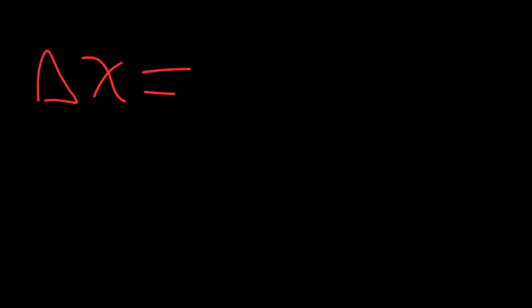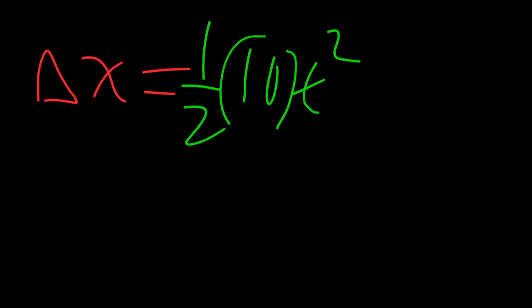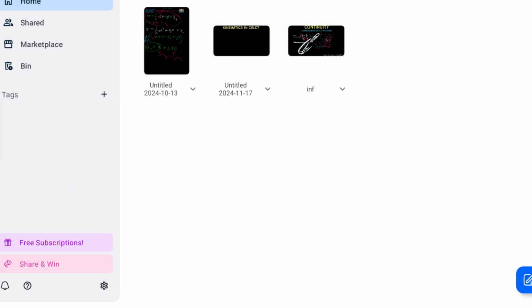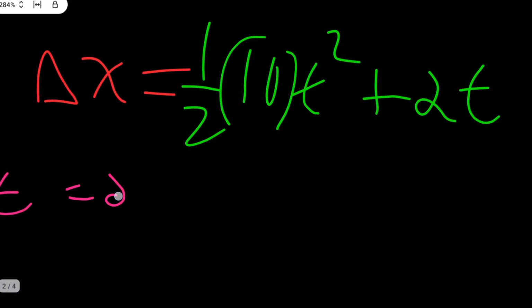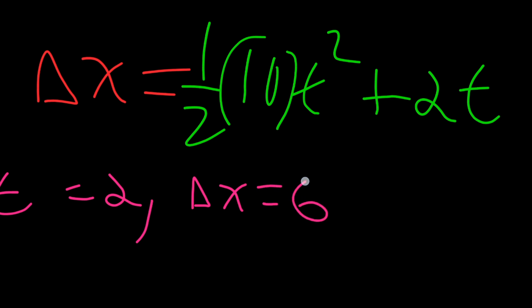So let's go over a quick little example with this. Basically, if I say that the delta x is equal to, with an acceleration of 10, 5t squared, you'd plug that in, and I'll say initial velocity 2, plug in your 2t, and then initial position is 0, and then I say at time t equals 2, comma, delta x equals 6.